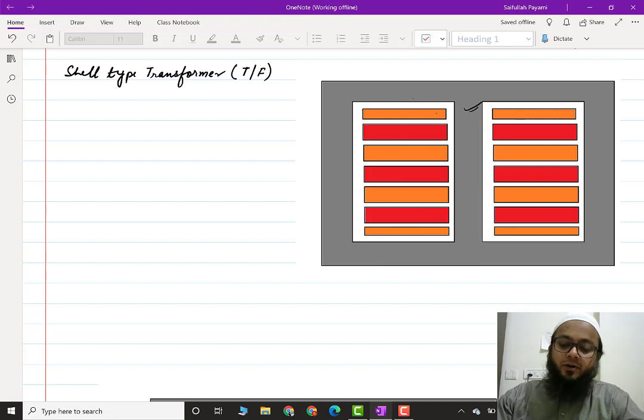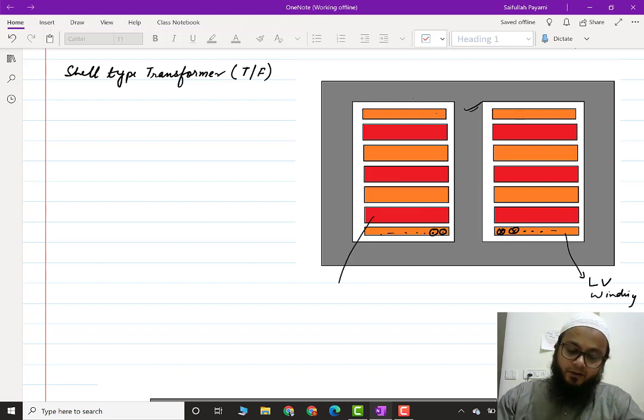Let's say if you see the windings, it comes out of it, goes here across, then again comes out and goes inside, and so on. So this is the low voltage winding, LV winding, and this red one is the high voltage winding. If you see, the flux path would be like this, and similarly here.